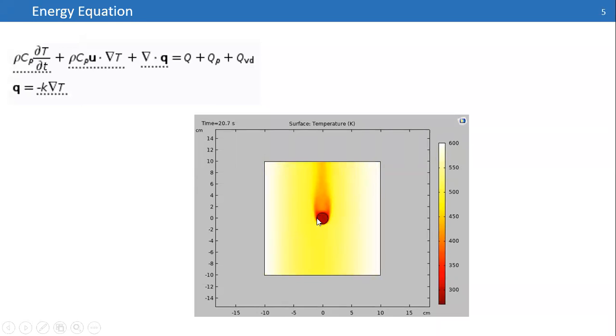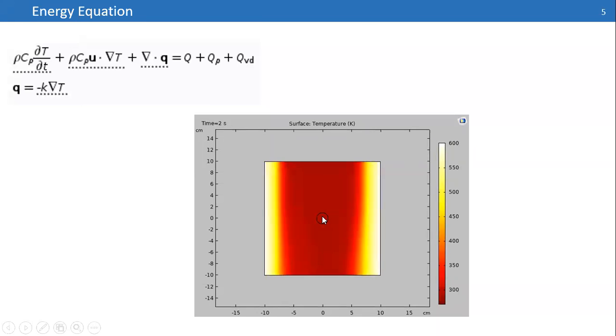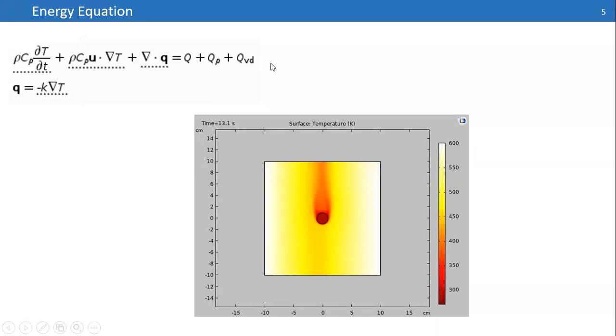So you can define the heat of the reaction that is generated inside your particles using corresponding equations, such as the rate of the reaction multiplied by delta H of the reaction.